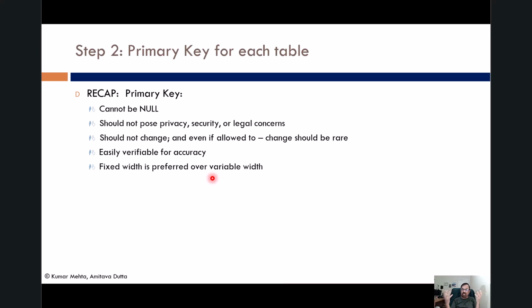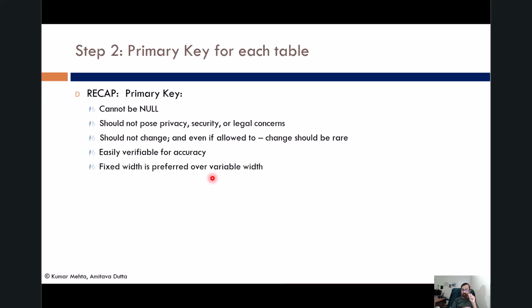Like even if a name could be unique, I don't want to use a name because names typically can have variable length. We typically want fixed width primary keys. Things like student ID numbers, license numbers, social security numbers, typically they're formatted to have a fixed width. So this is just a recap of the properties that primary keys should have.